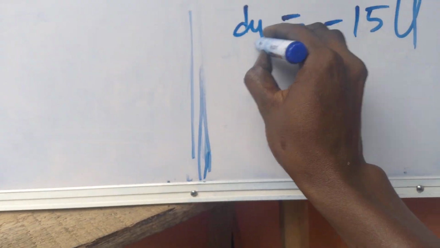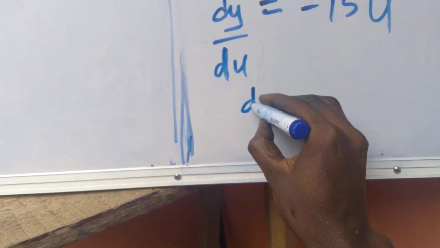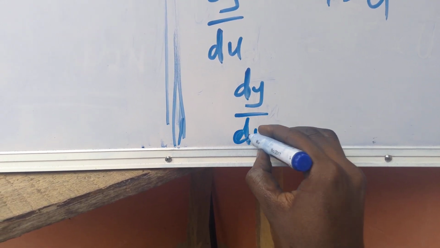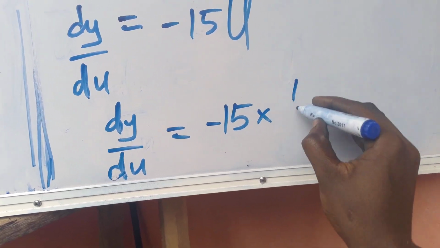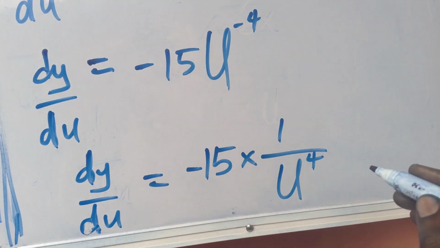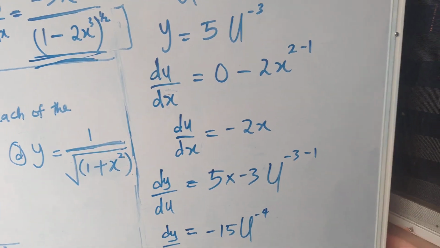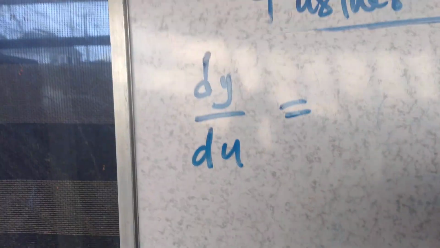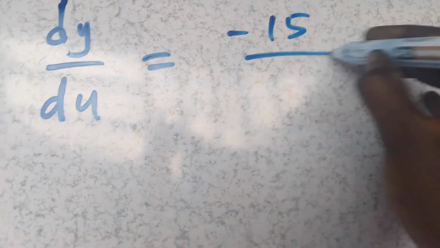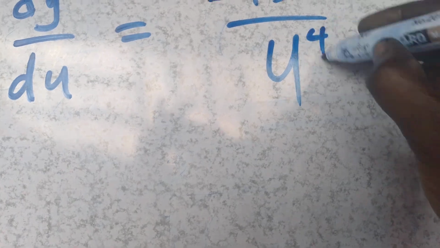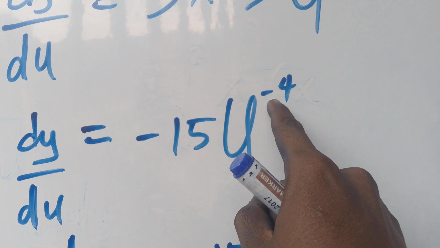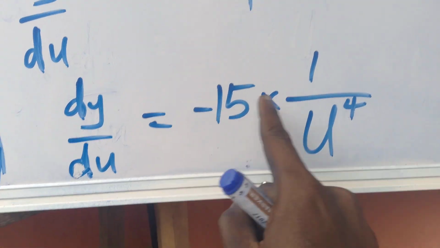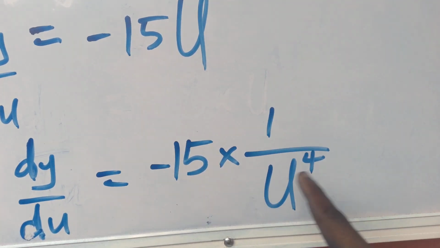So dy/du will be equal to minus 15 over u raised to power 4. The negative index changes to a reciprocal, and minus 15 times 1 gives you minus 15.